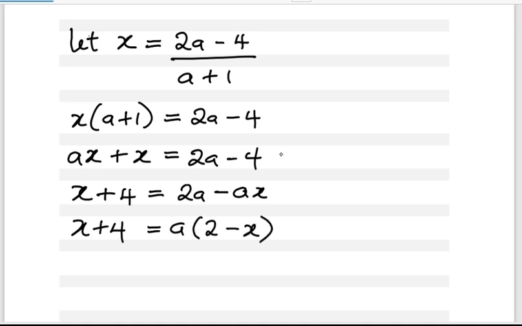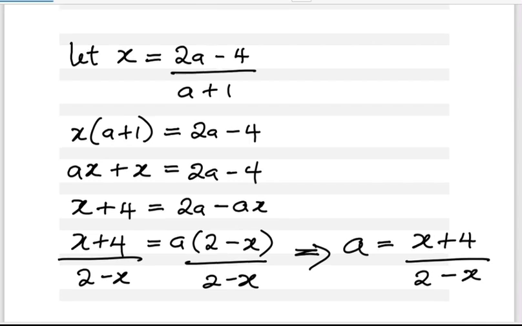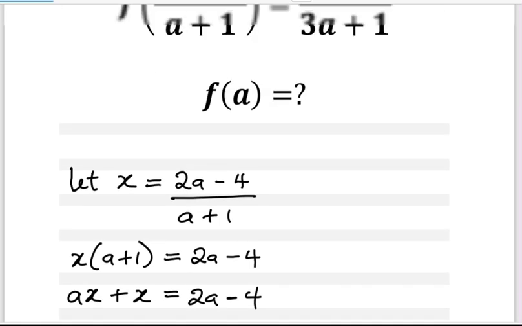If we divide both sides by 2 minus x, this will result in a being x plus 4 over 2 minus x. So we've been able to find a in terms of x.